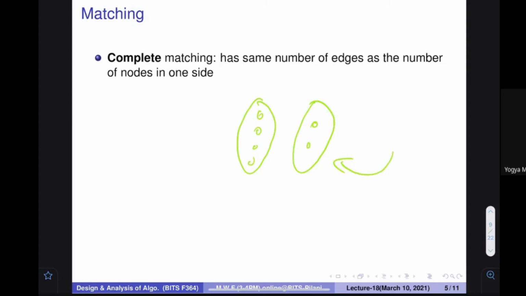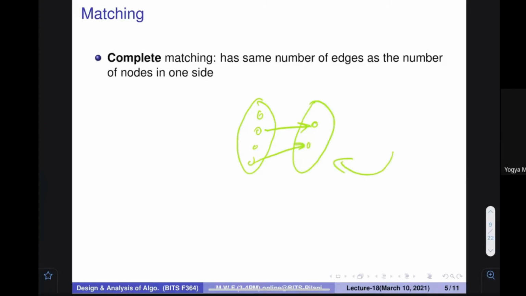If the lesser items are actually connected with all the things on the other side, however, this is a wrong graph, because we have just seen that all the links would be only this side only. So this is a complete matching. Make sense?